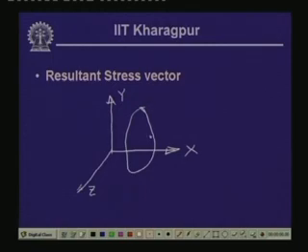If we cut this body through a plane which is parallel to the yz plane, then the normal drawn on this plane will be parallel to the x axis.